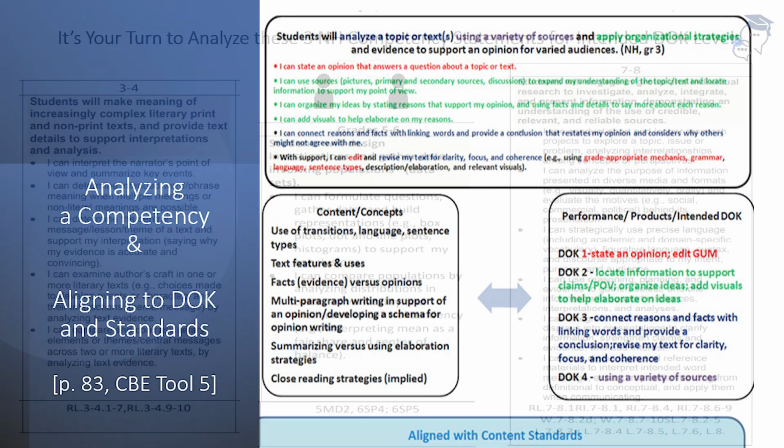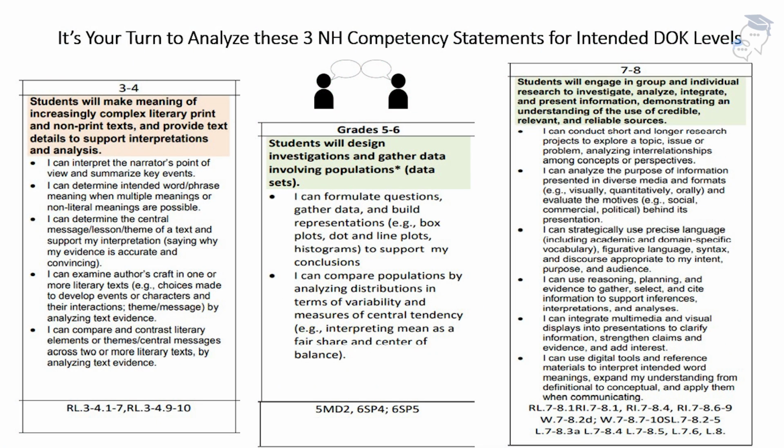So now it's your turn to analyze. And I just pulled 3 competency statements from New Hampshire's work. These are organized in a continuum. So when you see grades 3, 4, there is a K-2, 3, 4, 5, 6, 7, 8, and high school table. You'll see the competency at the top.